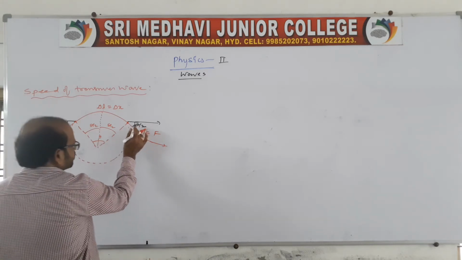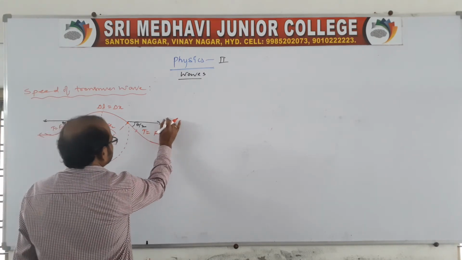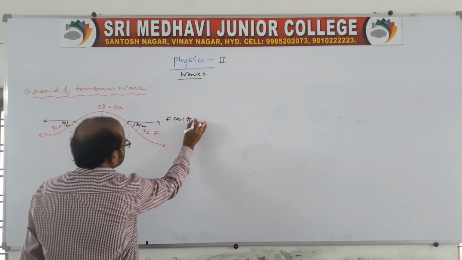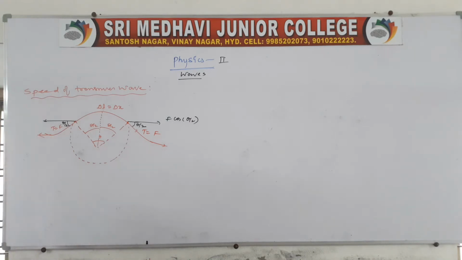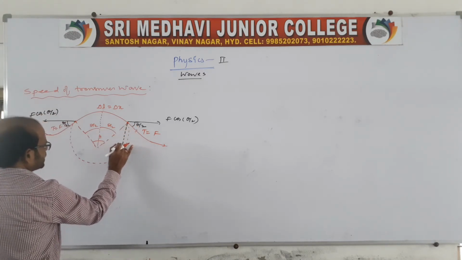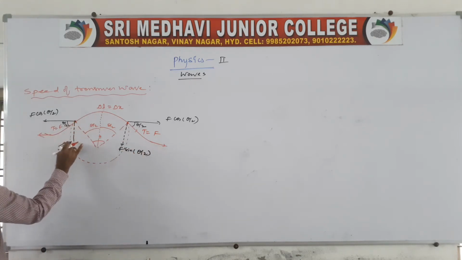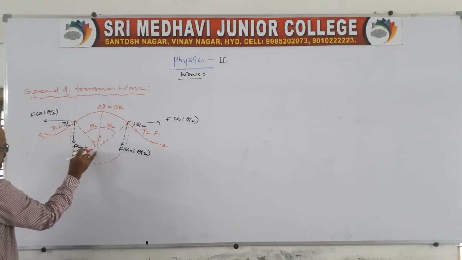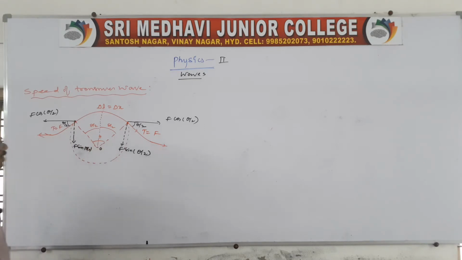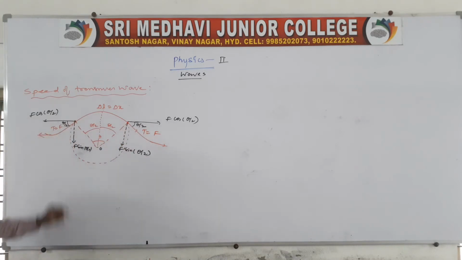By using this angle, the force can be resolved into two components. One is F cos theta by 2, and the other is also F cos theta by 2, and the other components are F sin theta by 2, because it is resolved into two components. Now, in this case the F cos theta by 2 components will be cancelled because they are opposite to each other.